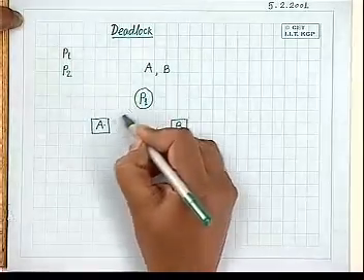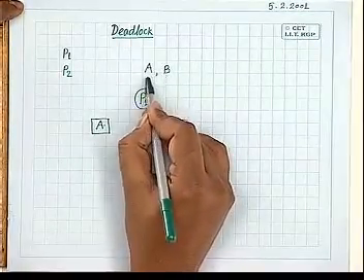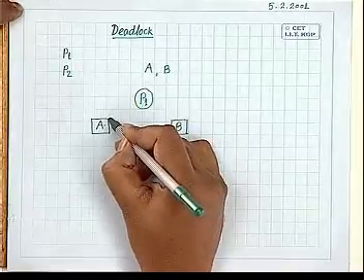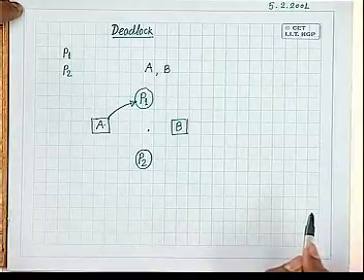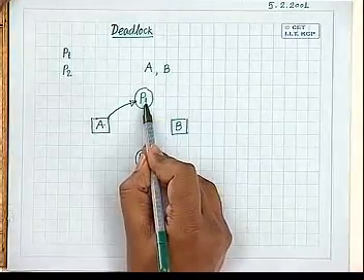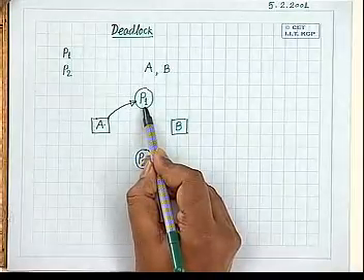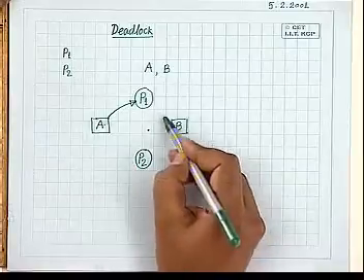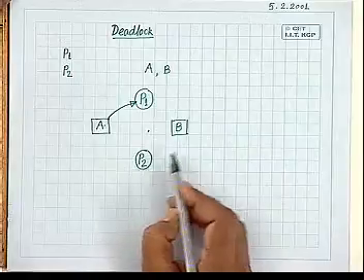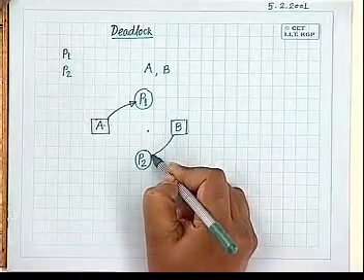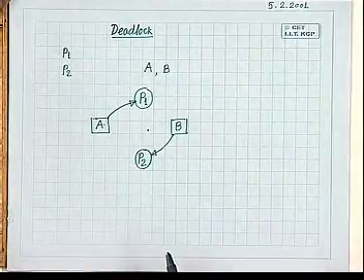So, I have a situation like this: P1, because it needs both the resources A and B, first requires resource A, so it has put a request for resource A and has acquired it. Because for its completion it requires both A and B, P1 has acquired resource A and in future it will require resource B. P2 has acquired the resource B and in future it will require the resource A.